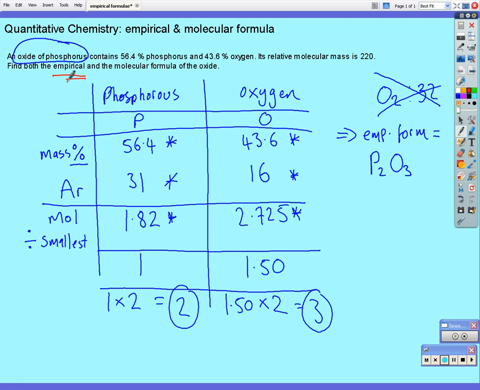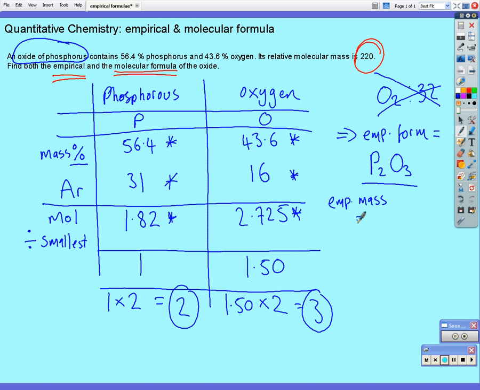Now the question wants us to find the empirical formula. We've done that, but it also wants the molecular formula, and that's why it's told us that the molecular mass is 220. Well, if we know the molecular mass is 220 and we know the empirical mass, we just add up all of the atoms of the elements in the empirical formula.